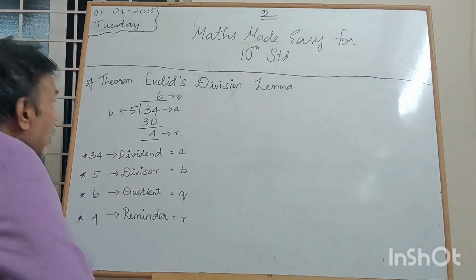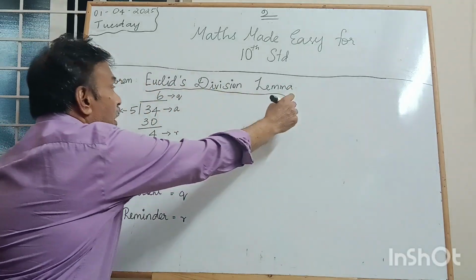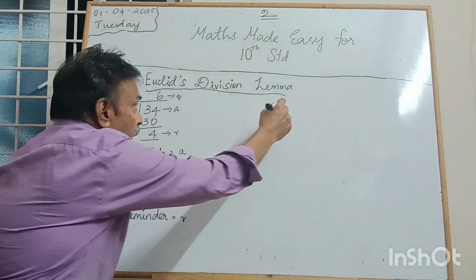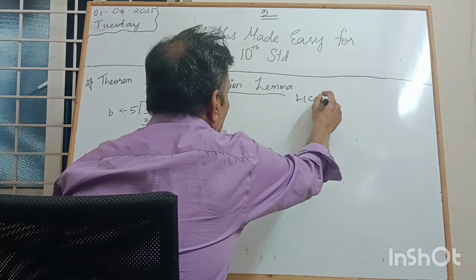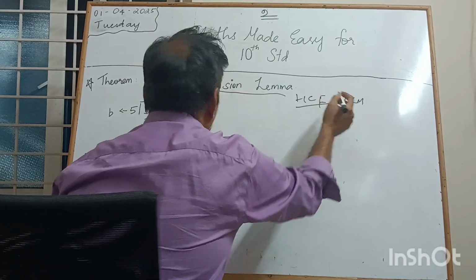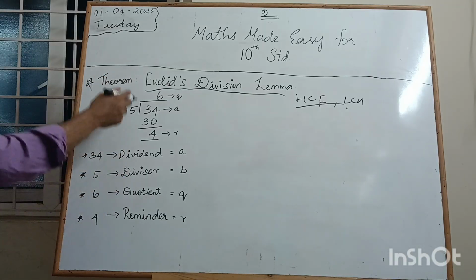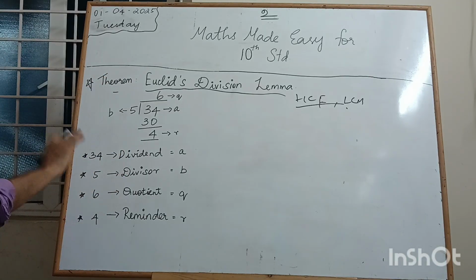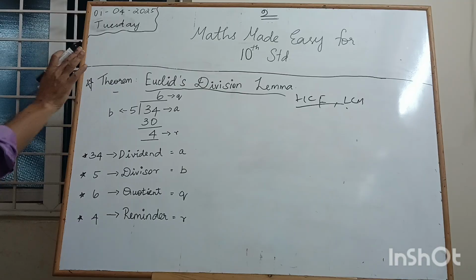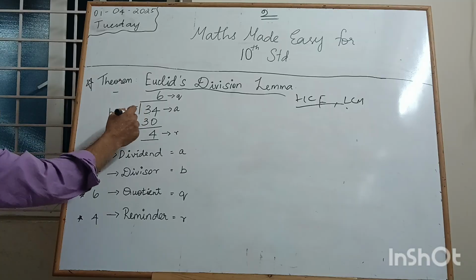Okay, next, Euclid's division lemma. This is also connected with our HCF and LCM. What is it? Now let us go to an example. Before I give the theorem, I will first give you the example, then I will go to the theorem. Then only you will understand. Okay, this is simple. Suppose you are going to divide 34 by 5.